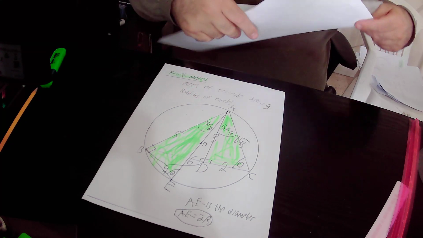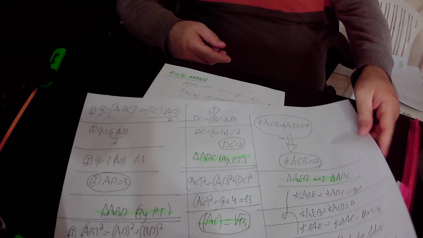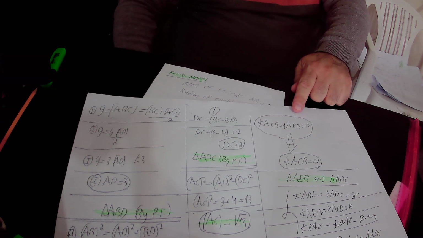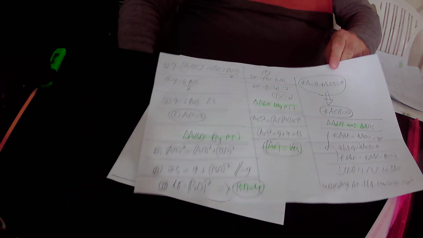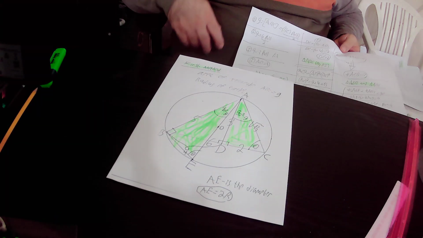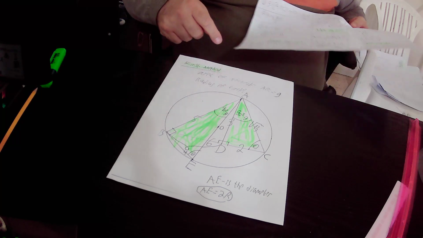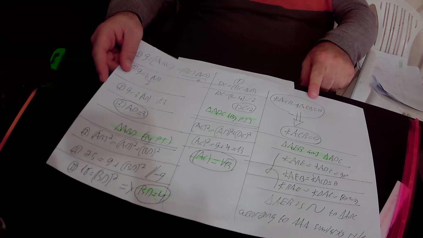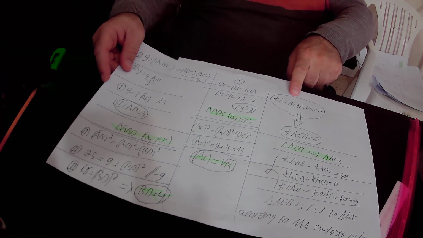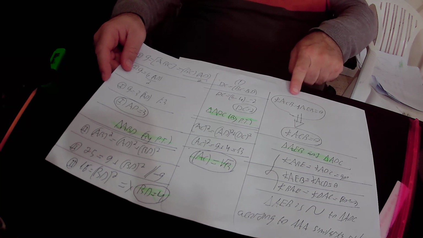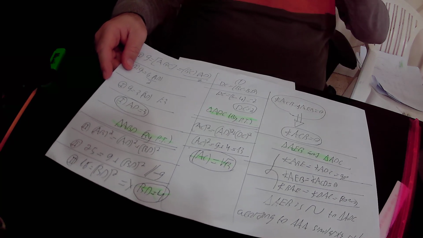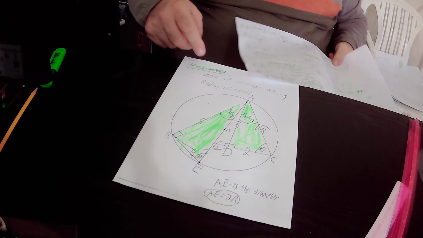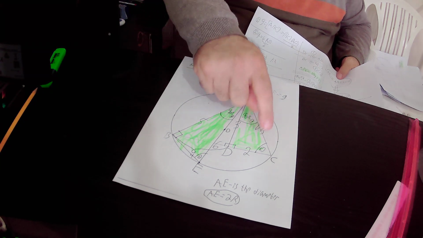So here, angle ACB equals angle AEB, because those are two peripheral angles that rest on the same chord AB. Then we define angle AEB as theta. Here angle AEB equals theta, so we derive that angle ACB also equals theta.